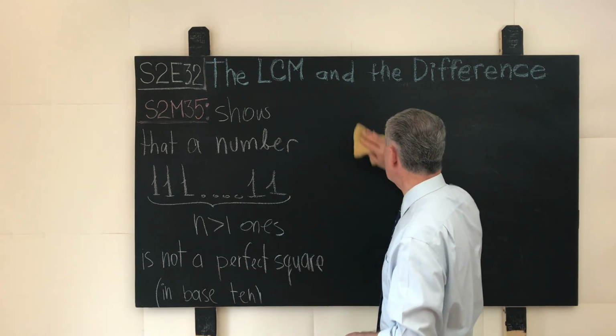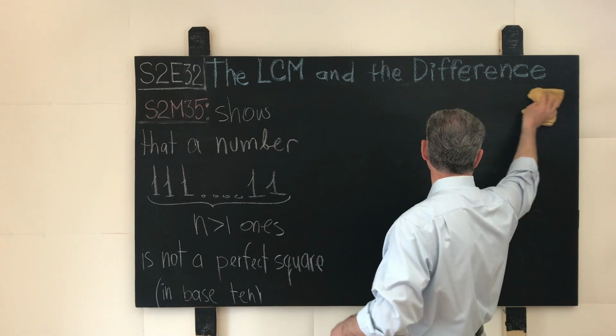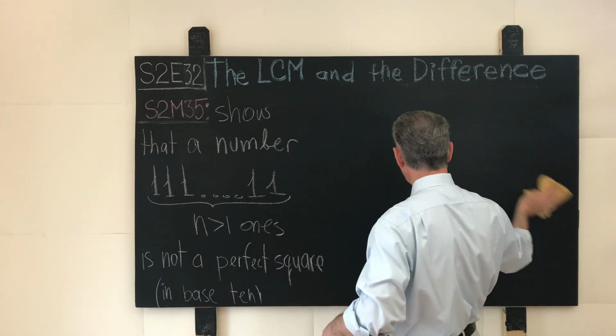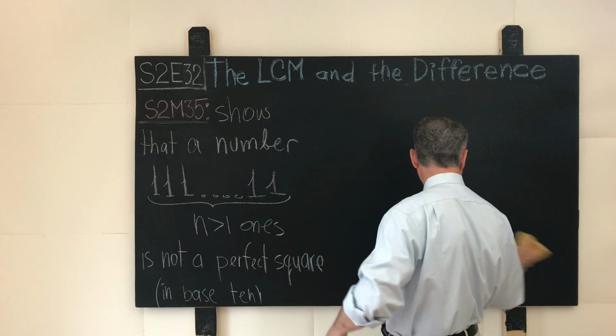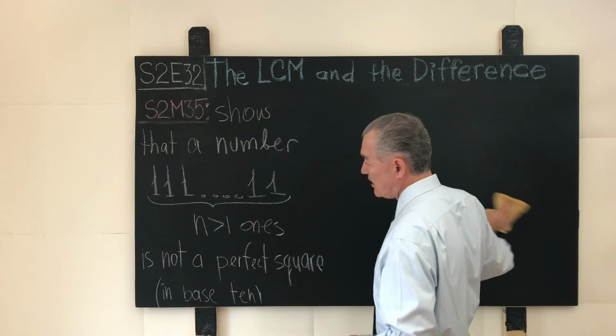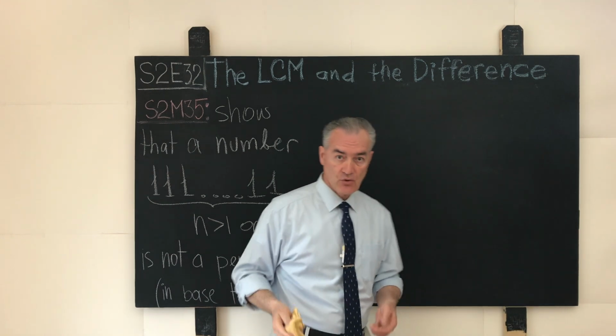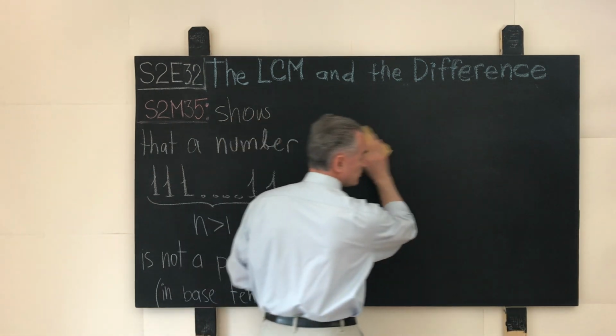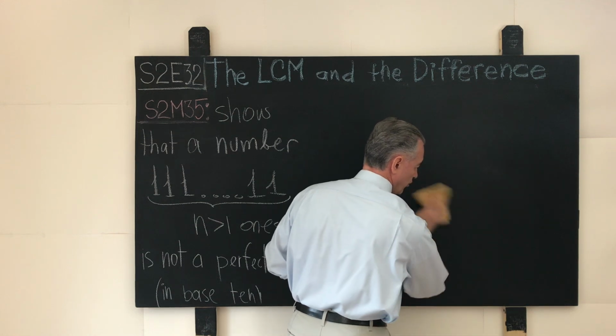And again, to be sure, all this action is unfolding in base 10. In other words, we take numbers such as 11, 111, and so on, and we need to show that such numbers stand no chance to be a perfect square.